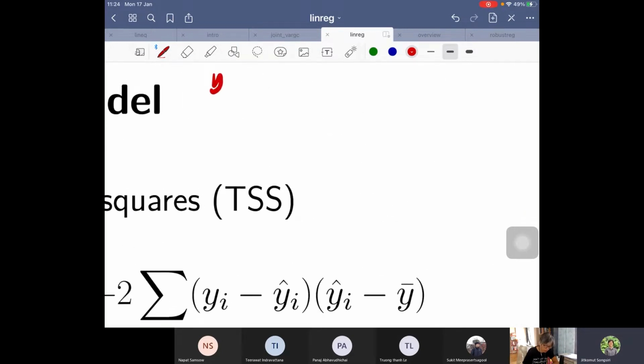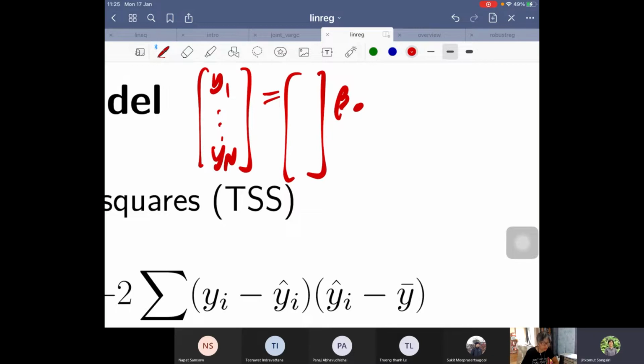If you have y1 to yn, you have n samples, and I'm thinking about the simplest linear model. The simplest one would be to fit it with a constant. So in vector form, just a constant. I have data points and I want to fit them with a constant.